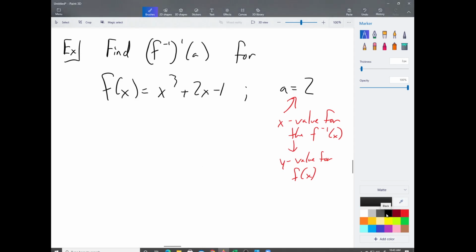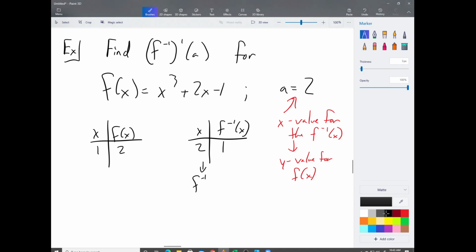So if I were to make a table of the original function, I have the point (1, 2) shows up on it. For my inverse function table, we switch the x's and the y's. So I know, therefore, that the inverse function at 2 is equal to 1.